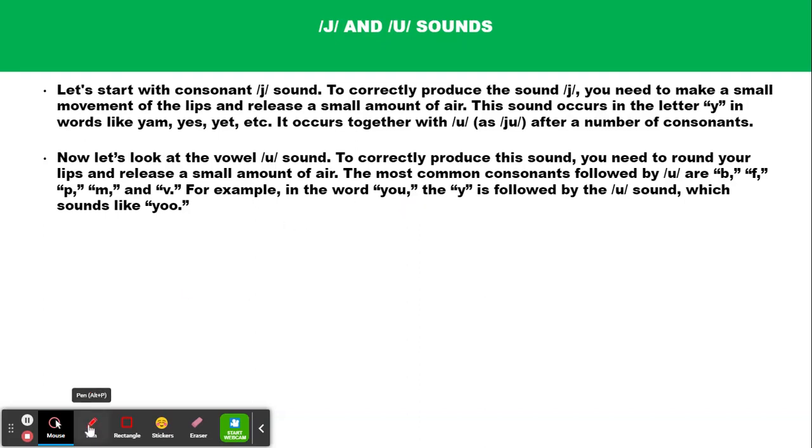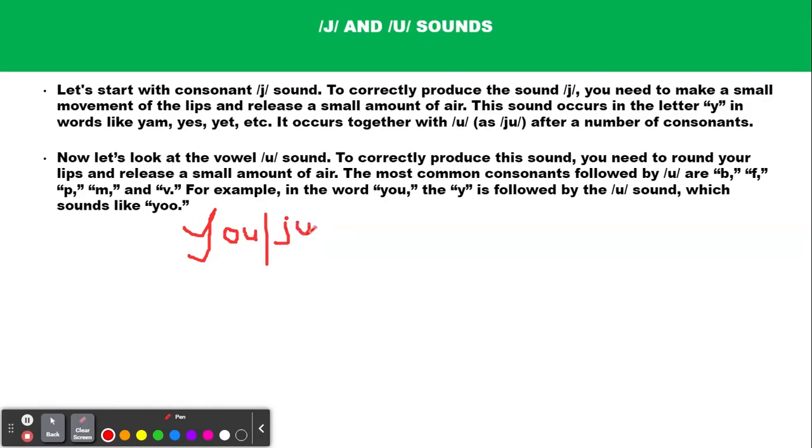So if we transcribe you, Y-O-U, you can see this sound. This is how the word is transcribed.